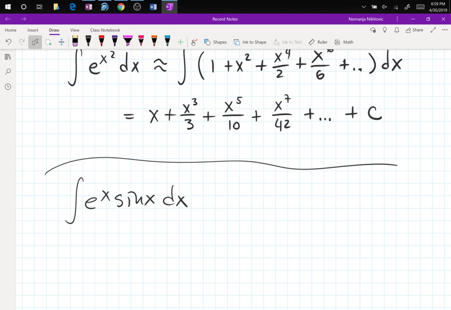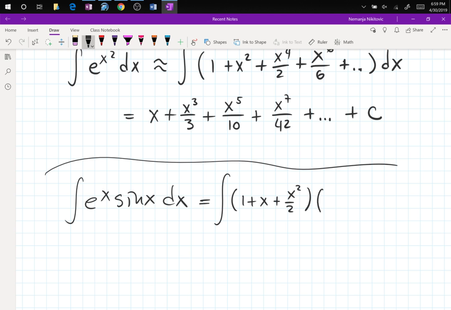How long does it take us to do the power series? 2 lines. You know that e to the x is 1 plus x plus x squared over 2. Chop off the rest, throw it in the garbage.